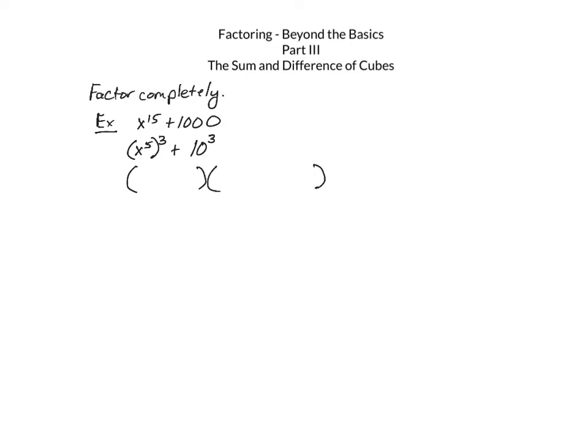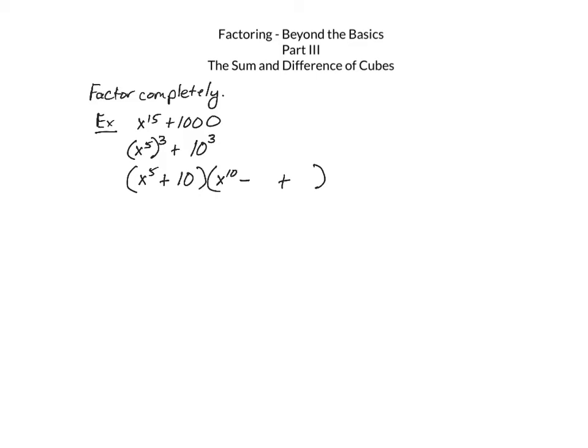Let's see, I'll put the signs in first. The same sign, opposite sign, always positive. And back to the binomial, I just rip off the cubes from the previous line, and I'm left with x to the 5th plus 10. And now my first term of the trinomial is this x to the 5th squared.